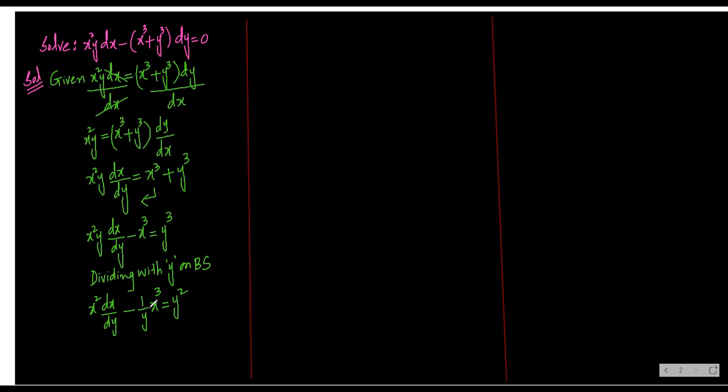Okay, students, this term will be taken as t. x cube is equal to, let us assume that x cube is equal to t, and if you differentiate with respect to y, dy of x cube is equal to dy of t. Asrar is there in the class? Asrar?